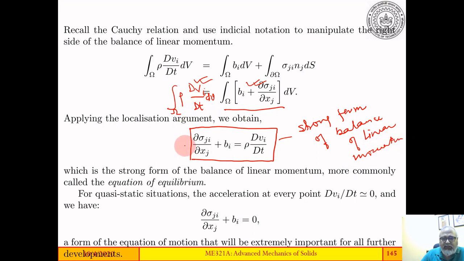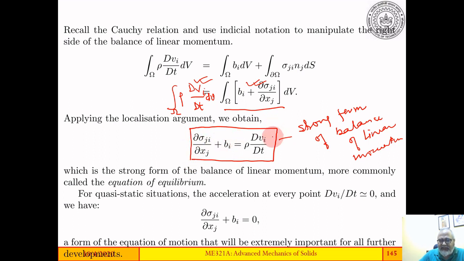And this is also the law that governs the variation of the stress from point to point. At every point, this needs to be valid. This is the strong form.